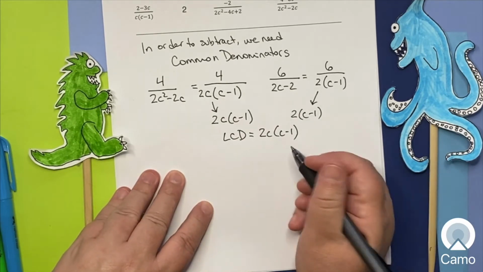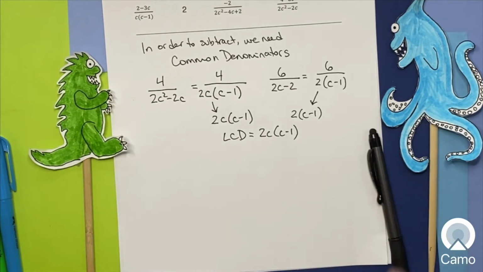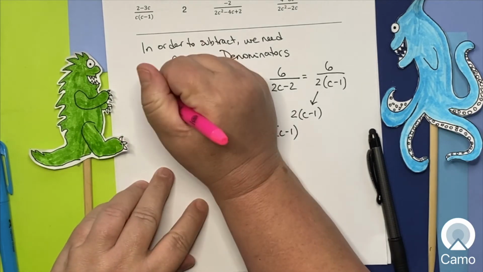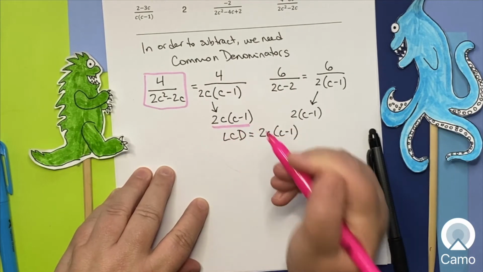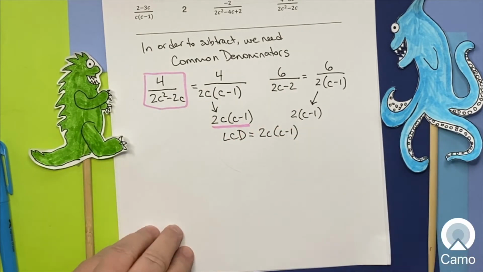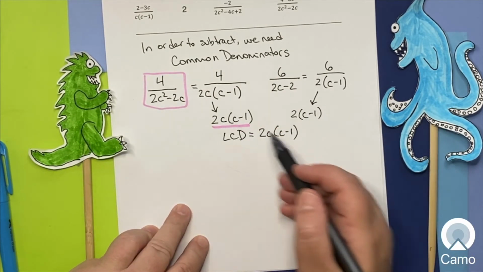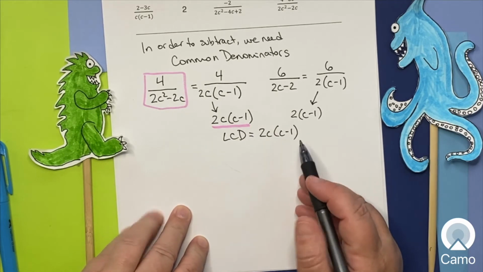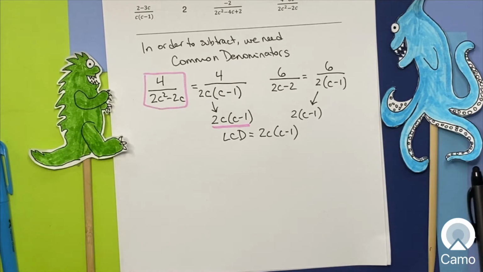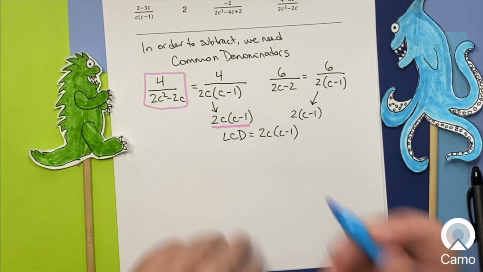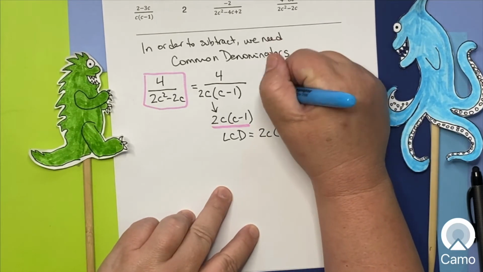Okay, so I need some colors here. I'm going to go with pink. This is my pink side. This is my pink side. So my pink side already has the denominator in place, so I don't have to rewrite it. However, I'm going to go with blue.